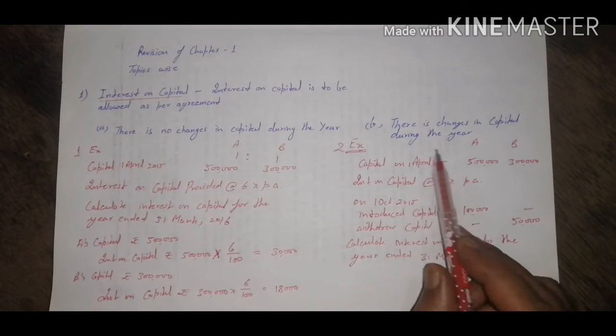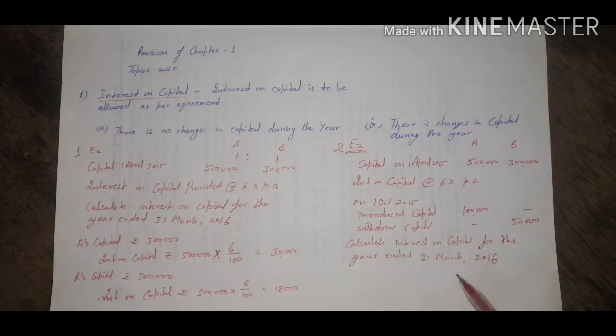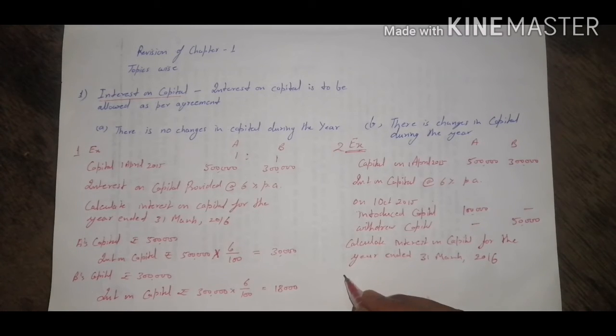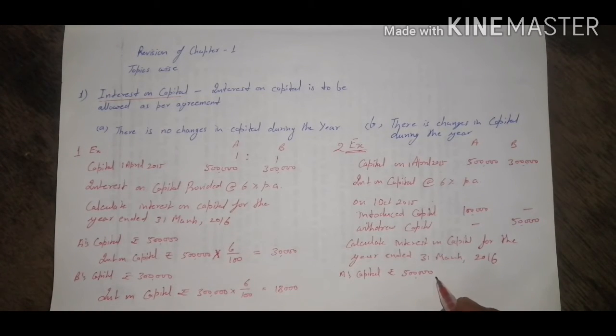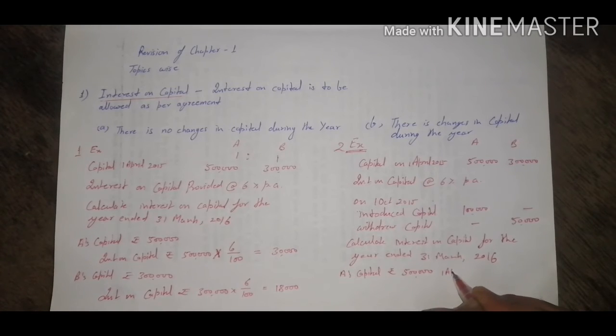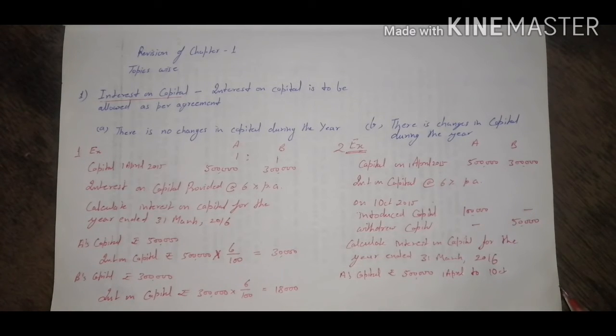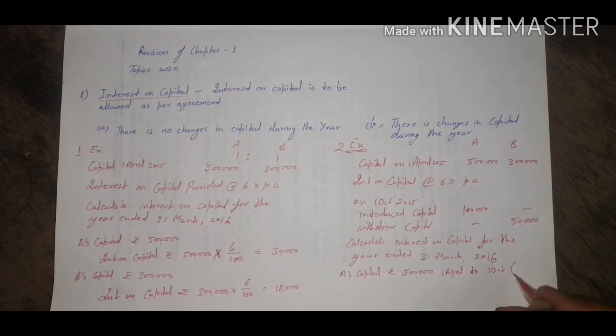Second example, there is a change in capital during the year. A's capital is rupees 5 lakh from 1st April to 1st October: April, May, June, July, August, September, 6 months.